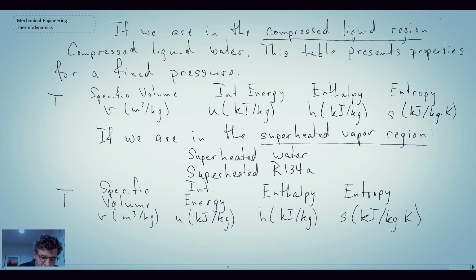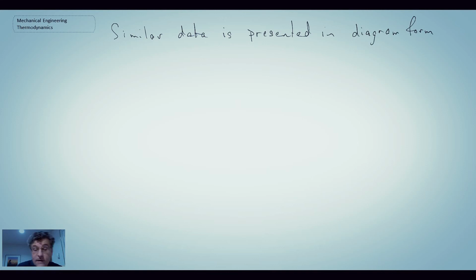Now, there is also similar data. I'll put that on the next page, but it's also presented in diagram form. And additionally, if you have access to the internet during your work, you can find a lot of this information on the internet. The thermodynamic table data you can get there from many different websites.